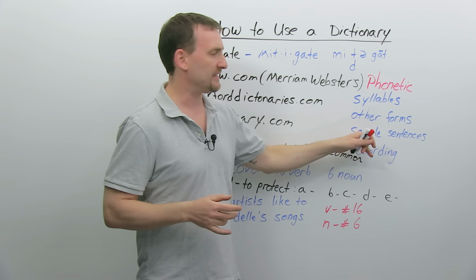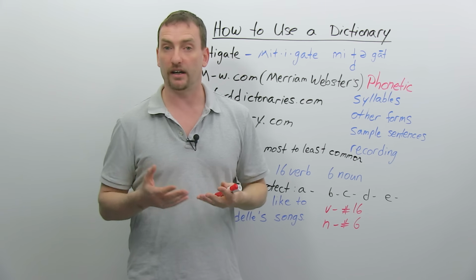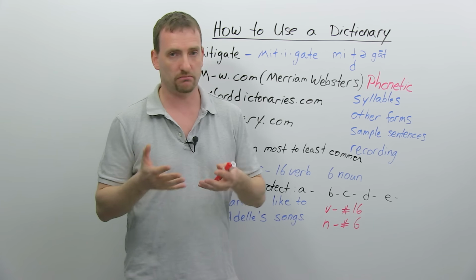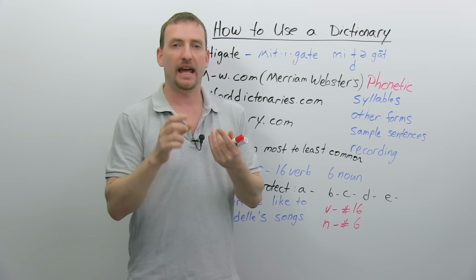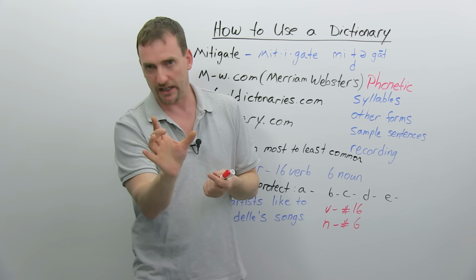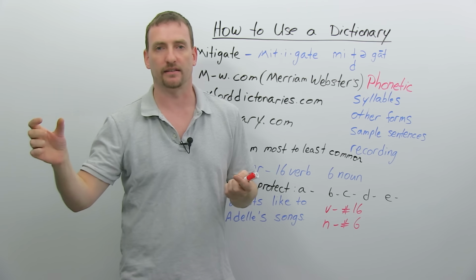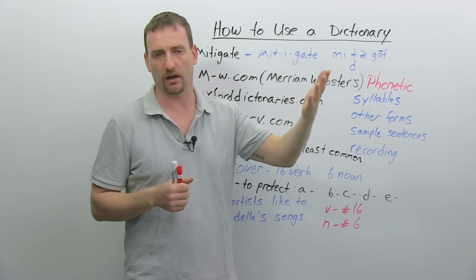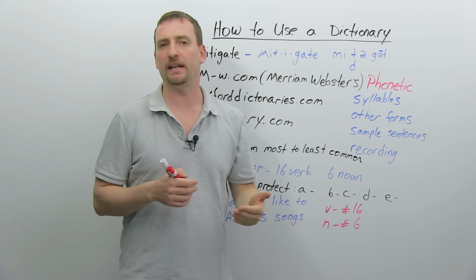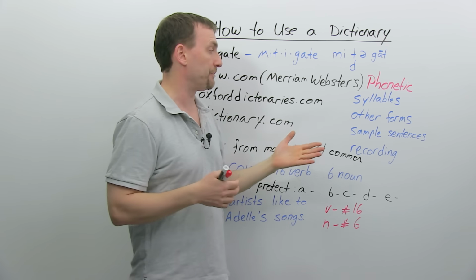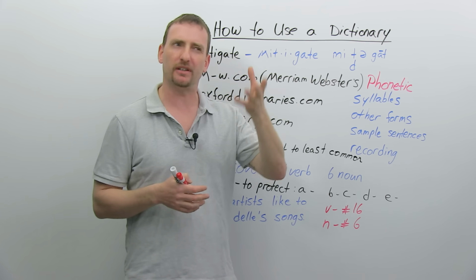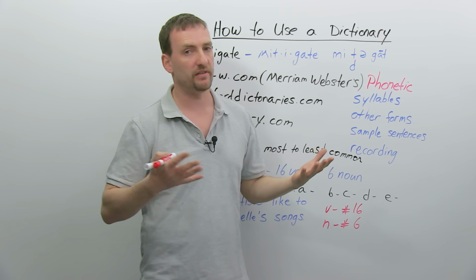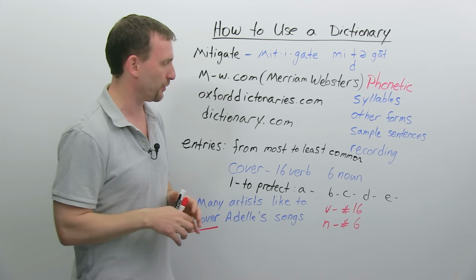Now, if the sample sentences in the dictionary are not enough, and you want to see more, go to the search box on your search engine. I use Google, so you can use that. Just type use mitigate, or whatever word, in a sentence. Usually the top entry will be for that page, and you will see many sentences. Keep in mind that many of these sentences are a little bit old-fashioned or highly academic, but some of them will be very useful for you to understand the word.